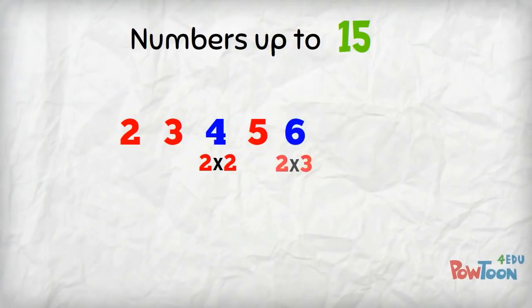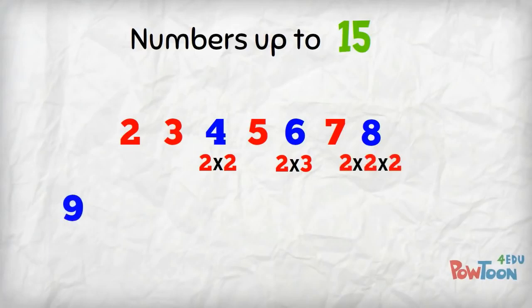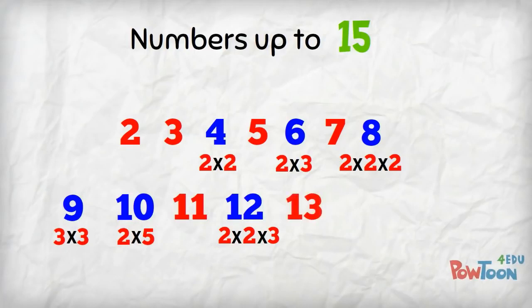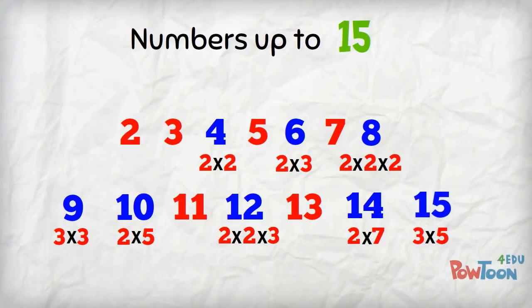We get 6 from 2 times 3, 7 is prime. 8 comes from 2 times 2 times 2, 9 is from 3 times 3. We get 10 from 2 times 5, 11 is prime. 12 is from 2 times 2 times 3, 13 is prime. 14 is from 2 times 7, and we get 15 from 3 times 5.